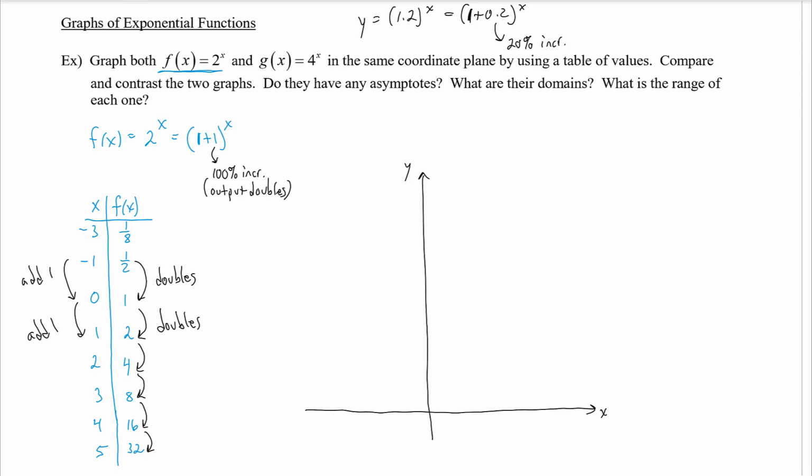So we've got to do quite a few tick marks here. Let's see. So I'm going to go by, well, let's see. That might be all right. We'll go by ones.